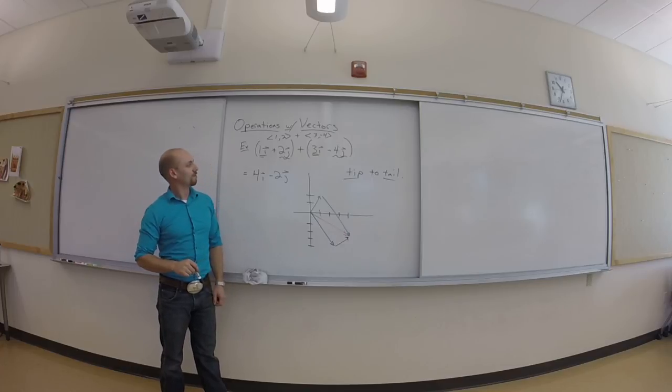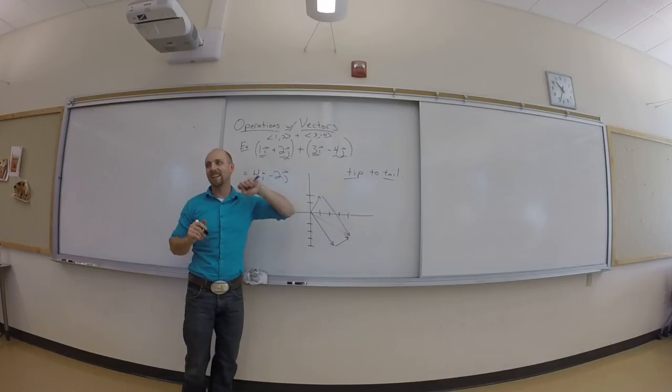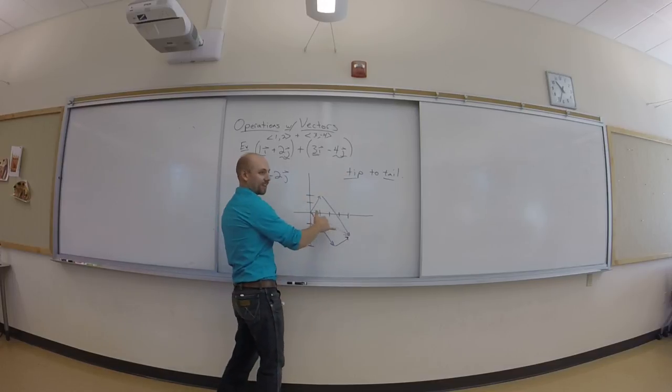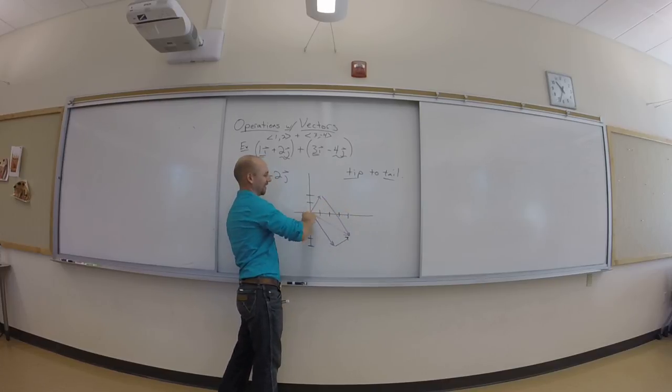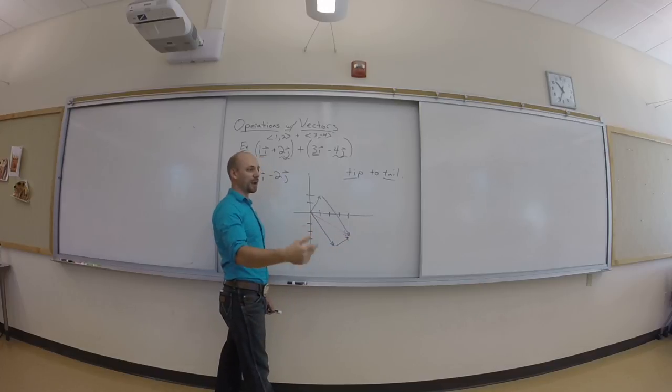That would be tip to tail. So when you're adding vectors, you put the tail of the second vector on the tip of the first, right? And then draw the resulting line from 0, 0 out to the end of whatever you end up with.